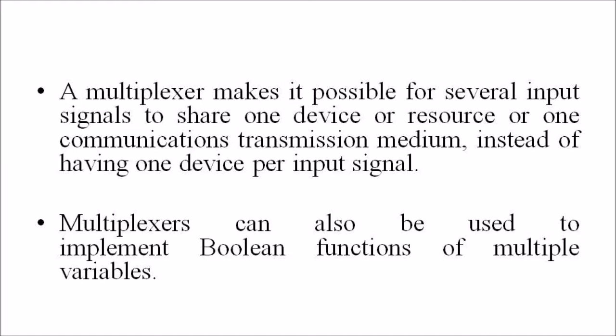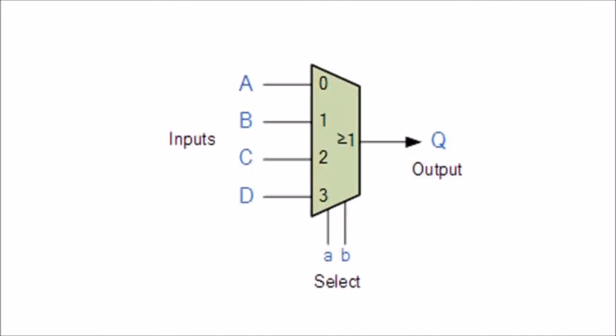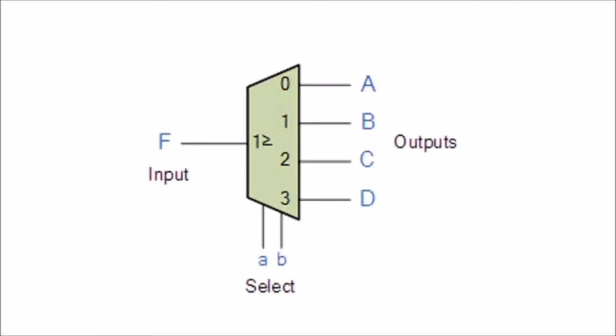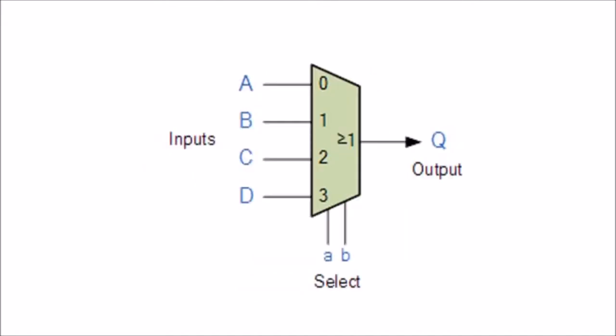An electronic multiplexer can be considered as a multiple input, single output switch, and a demultiplexer as a single input, multiple output switch. The schematic symbol for a multiplexer is an isosceles trapezoid with the longer parallel side containing the input pins and the short parallel side containing the output pin.